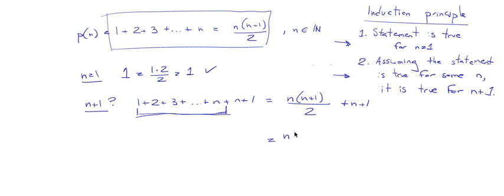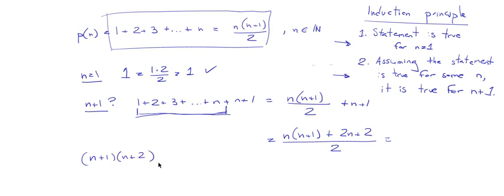Now we operate with this. This is n times n plus 1 plus 2n plus 2 over 2. Let me see. We can take a common factor. We want to express this as n plus 1 times n plus 2.